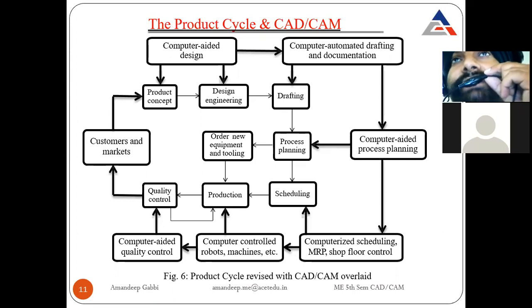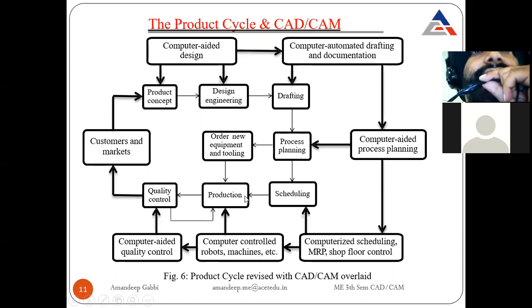You have to produce this many cars for that particular day, so you have to change the production accordingly. Then actual production is there. After process planning, you can ask for some new equipment and tooling if required.